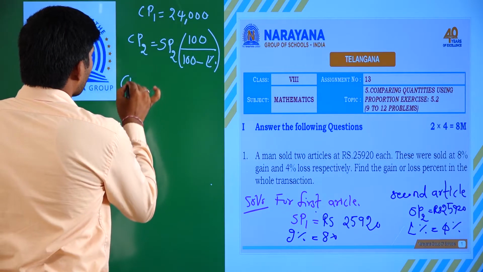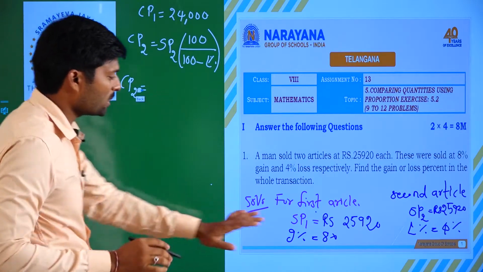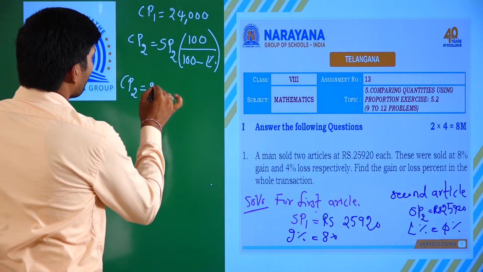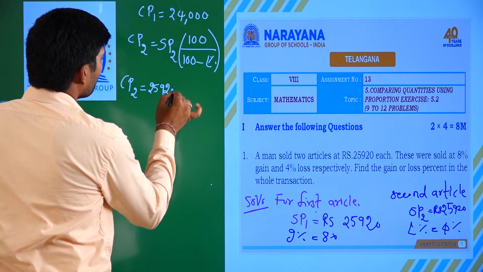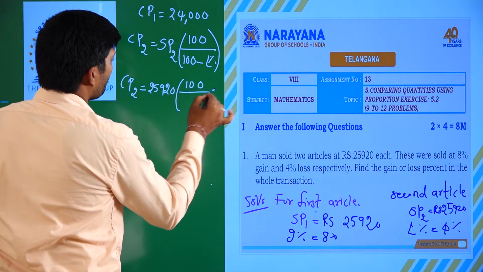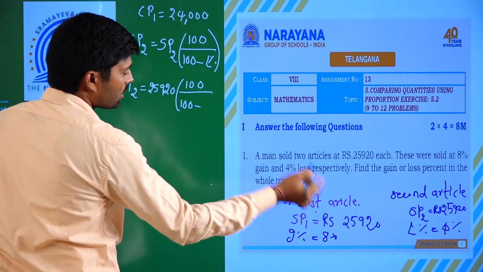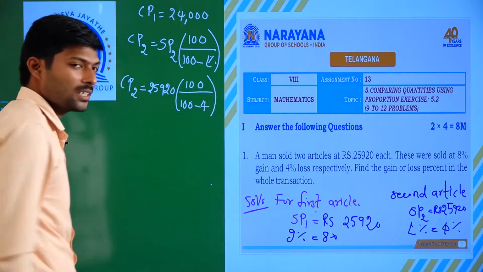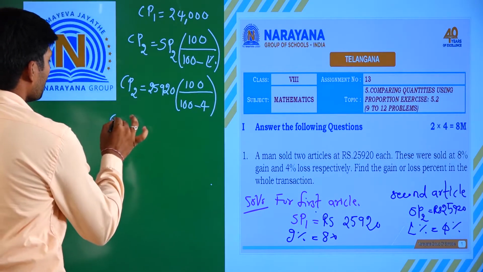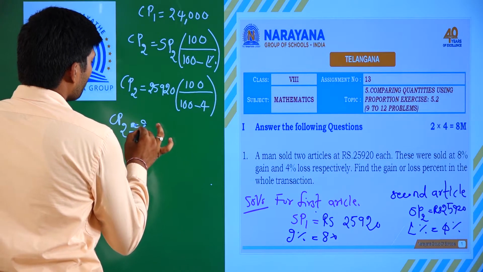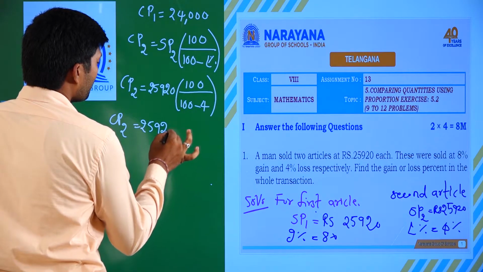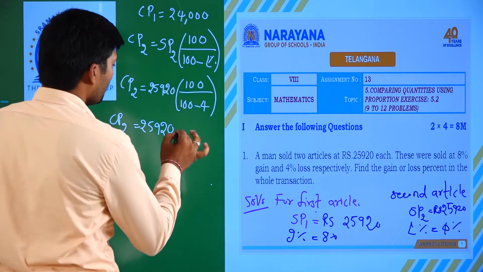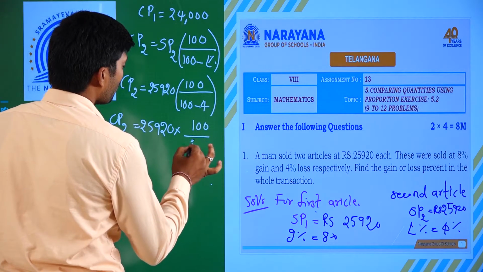So we know, what is the selling price of the second article? That will be the same, that is 25,920 into 100 upon 100 minus what is the loss percentage? That is 4. Loss percentage is 4. So let's simplify this. CP2 is equal to 25,920 into 100 upon 96.